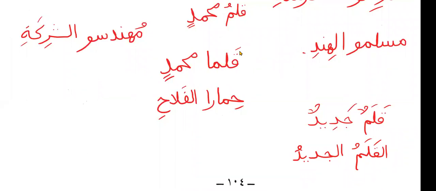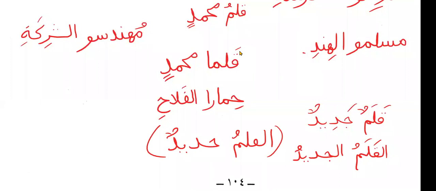And if we were to say al-qalamu jadidun, now what does it mean? Now it means the pen is new. This example is mubtada and khabar. It's not mudaf, man'ut and na'at.